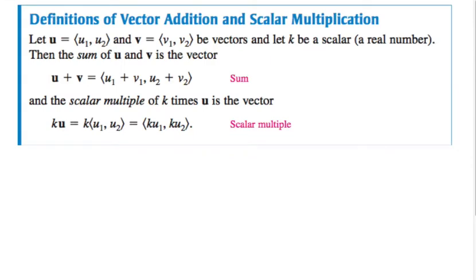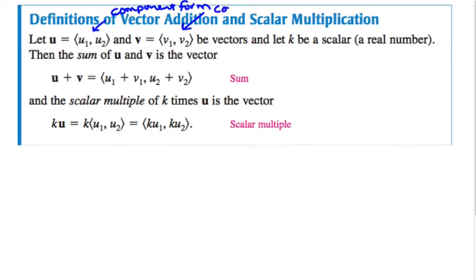Now here are some definitions for vector addition and scalar multiplication. So let's say we have two vectors, and you want to add these two vectors together. Notice that this is in component form, not as an ordered pair. And this one is also in component form.